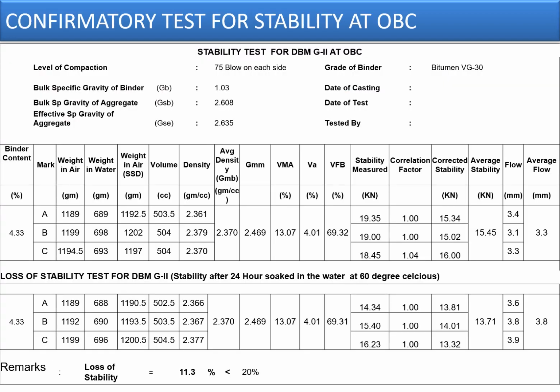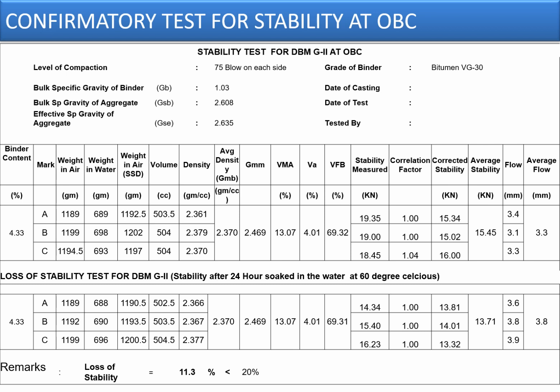After getting the refusal density values, you can do a confirmatory trial using the optimum binder content to check all the parameters with the conventional method of casting the molds, which is 75 blows on either side, and the details being given similar to that which is used for the Marshall mold report, like VG30 bitumen with a specific gravity, bulk specific gravity of binder being 1.03, bulk specific gravity of aggregate being 2.608, effective specific gravity of aggregate being 2.635.